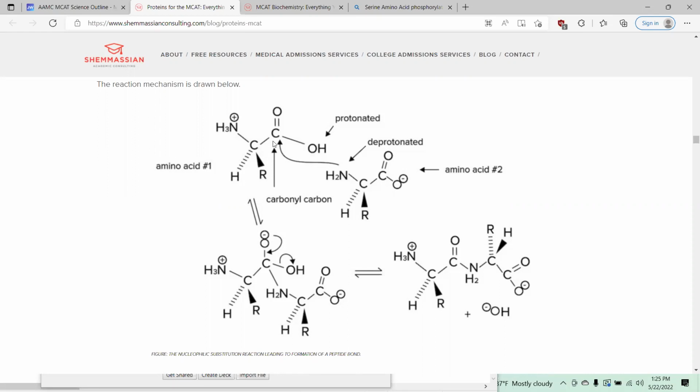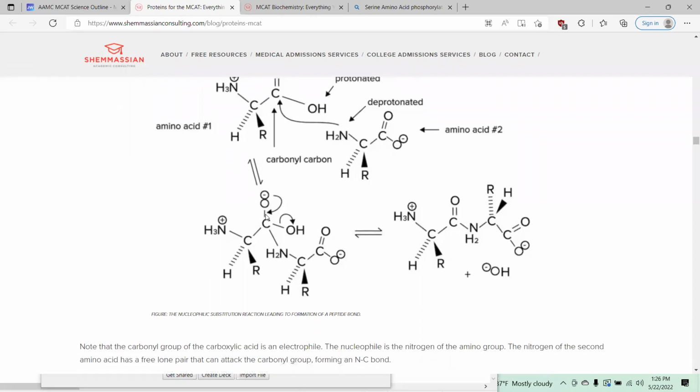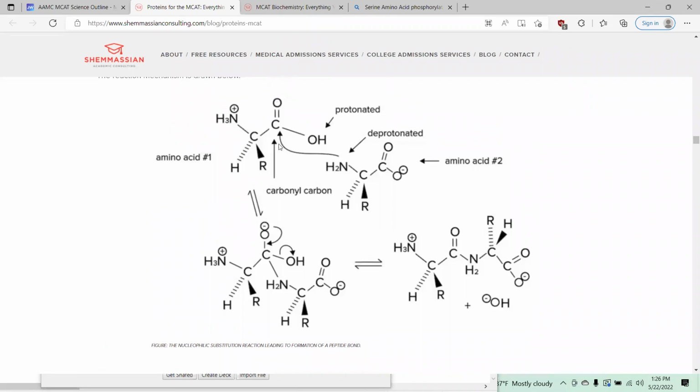So this attacks here, and then we have this situation, which is a little bit more into organic chemistry, but I'll just explain it because I like organic chemistry. So the electrons here attack here and push this. Let me just draw it. Push these electrons up onto the O, right? And so now the O is negatively charged.